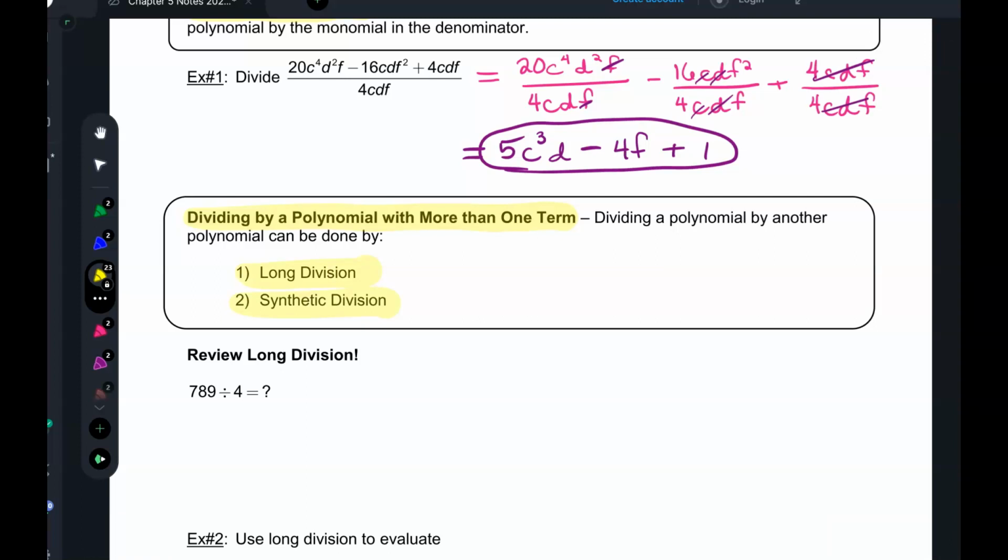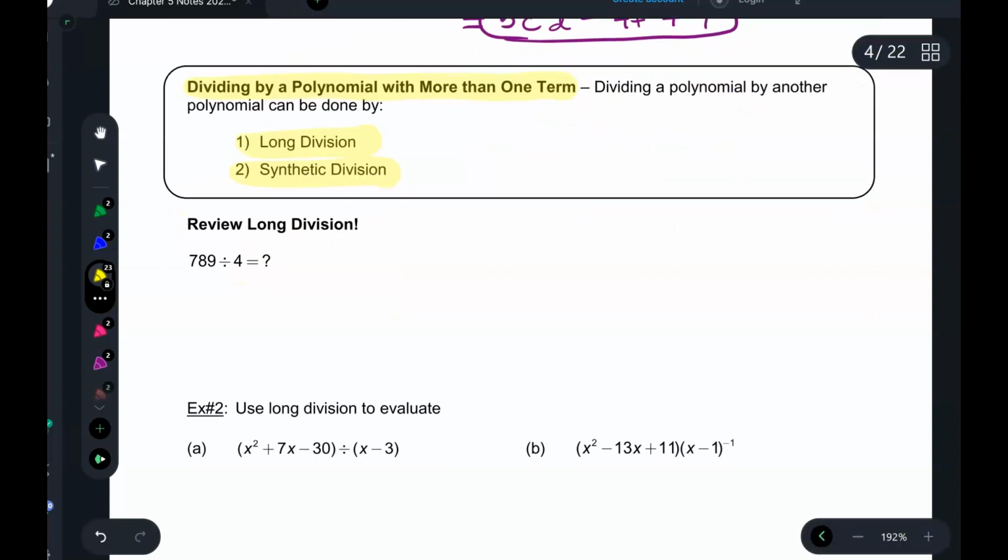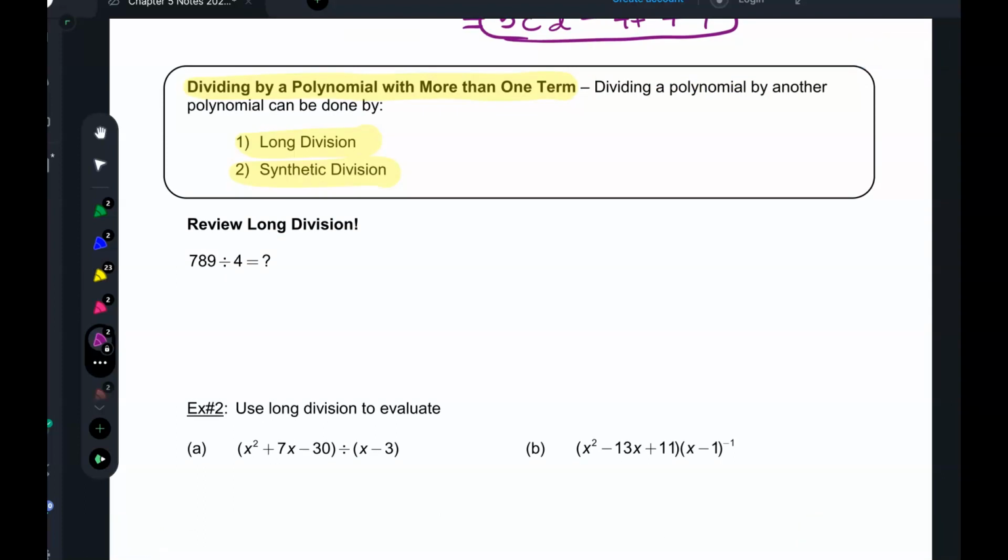But sometimes we need to know how to do both, because next year in pre-calc, you're going to have review of these when you investigate polynomials further. And sometimes you have to use long division. But if we don't have to use long division, we'll use synthetic division, which is very much a shortcut. We're going to review, because it's been a while maybe for some of us that we've done long division.